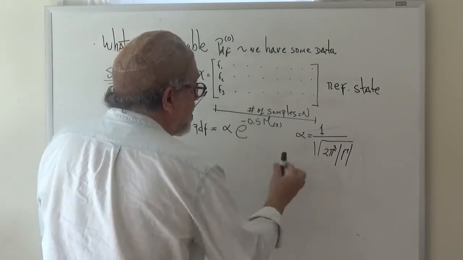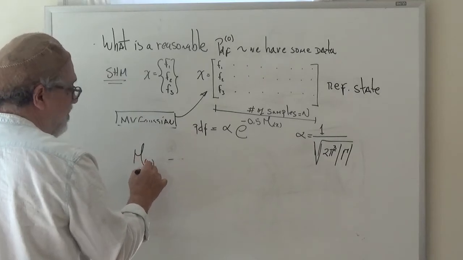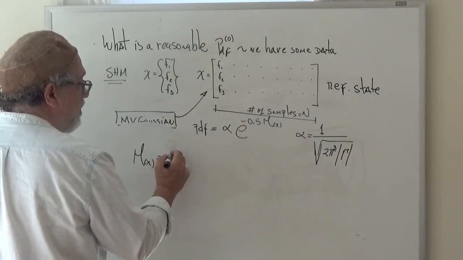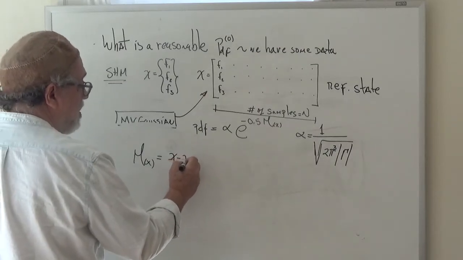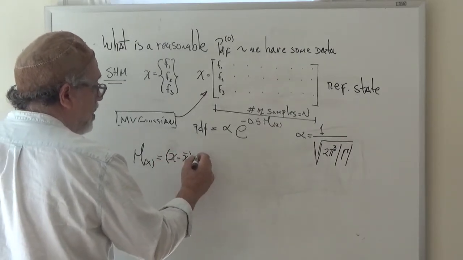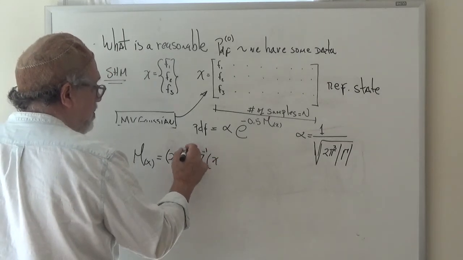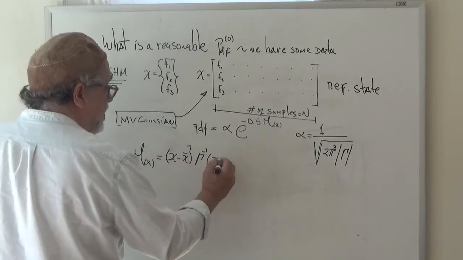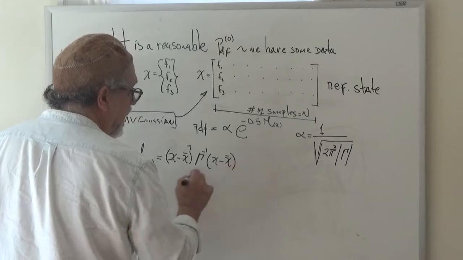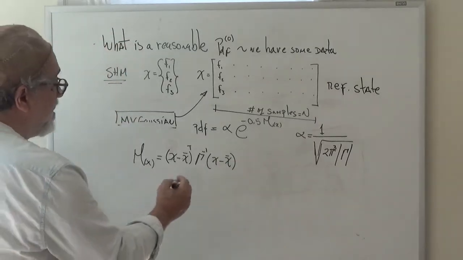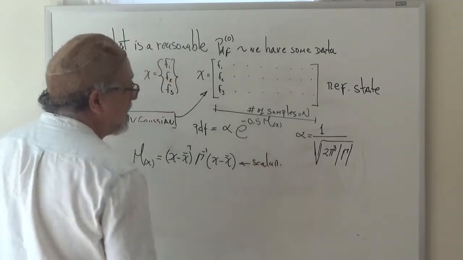So we have our covariance, we can calculate our alpha, and the Mahalanobis distance, which depends on the vector that we measure, is simply the vector that we measure minus the mean multiplied times the inverse of the covariance times the transpose of the vector that we measure minus the mean again. So this is a scalar, right?